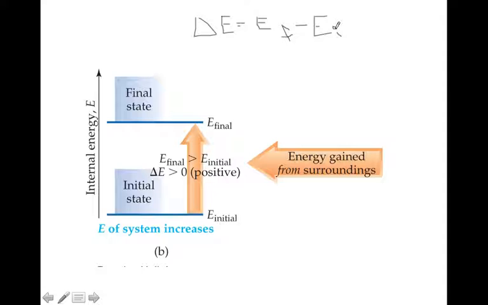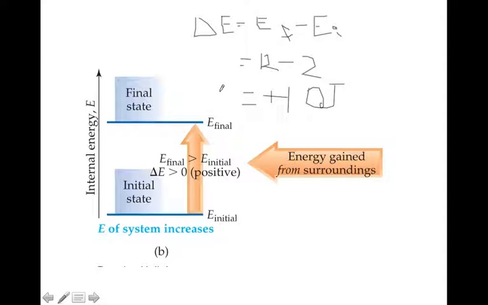According to this, your final state has a lot more energy, so this one is a lot bigger than this one. Let's say that in this case, your final energy is 12, minus 2. Then in this case, you're adding energy, actually adding 10, so plus 10 joules.